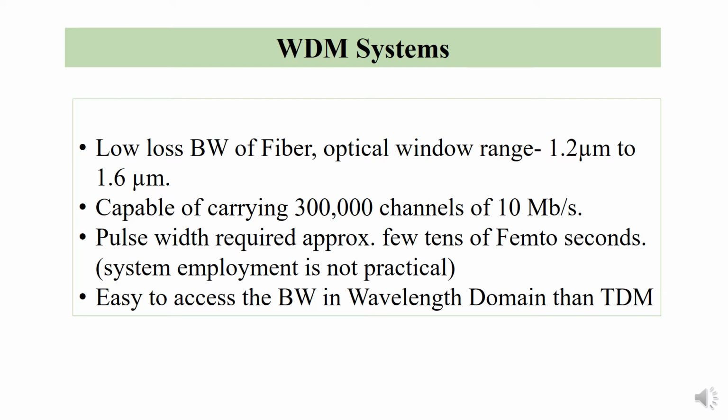Hence we went for the second possibility: we should be able to use the bandwidth by dividing it into frequency bins, and these frequency bins should be transmitted independently. That means the information is transmitted independently in each of these bins, and that is what we call WDM. So in WDM, we are accessing the bandwidth more easily compared to TDM.